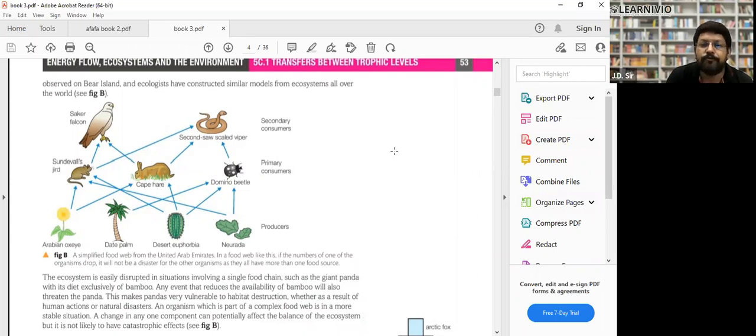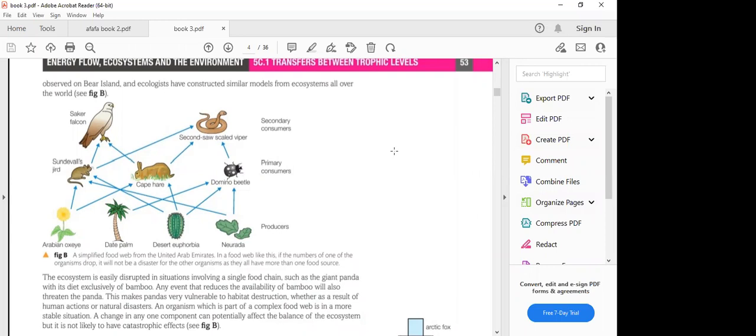The complexity of the food web will decide the stability of the ecosystem.